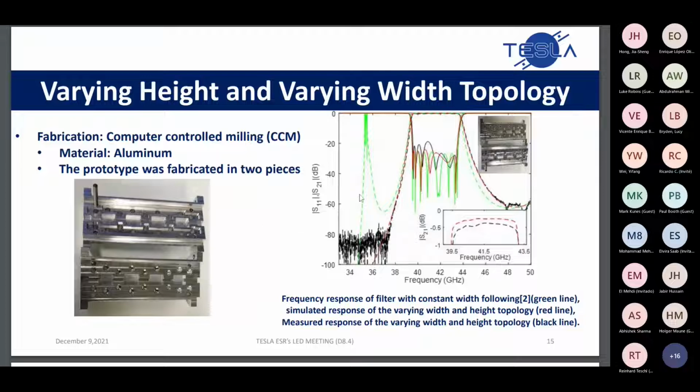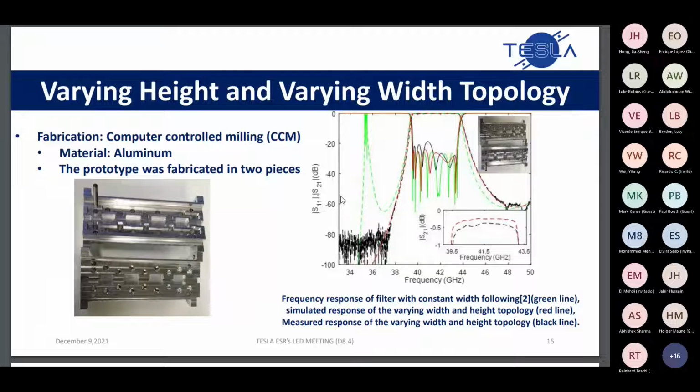So the final frequency response of the filter is given here, where we can see that both the simulated and measured responses are in good match. And here we have another response with constant width, where we have a low pass response.